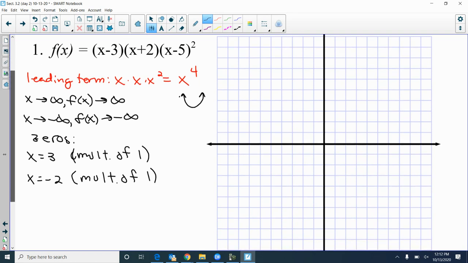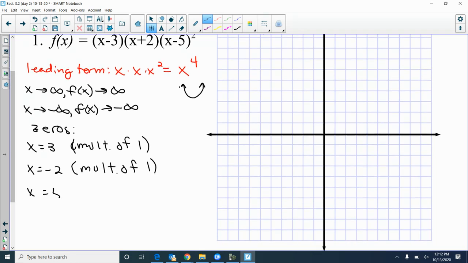And then x equals 5, multiplicity of 2. Well, what does the graph do with the one with the multiplicity of 1? It goes straight through, right? What does it do with the one with the multiplicity of 2? Bounces.